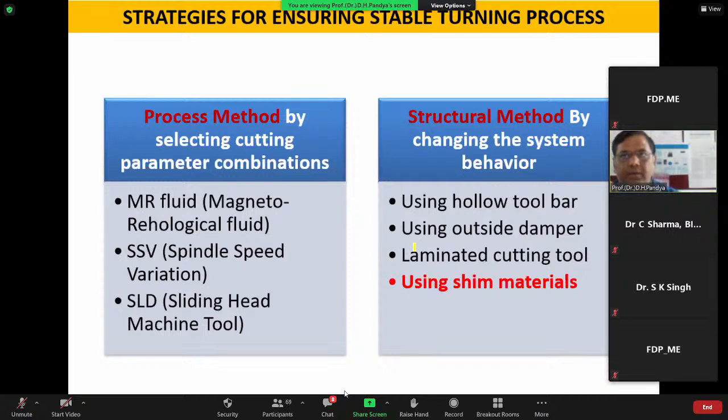So the SSV modules are available in the Haas controller or a Mazak controller. And in India, Siemens is trying to develop that kind of controller, but it is not yet successful, particularly for the SSV module.